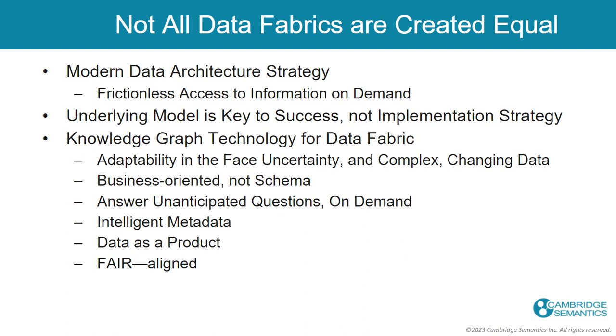These standards remove structural and format heterogeneity and add human and machine understandable meaning, i.e. semantics. OWL RDF-based knowledge graphs readily adapt to change in uncertain times due to what's called the open world assumption. That's a topic for another time, but you can research that concept.